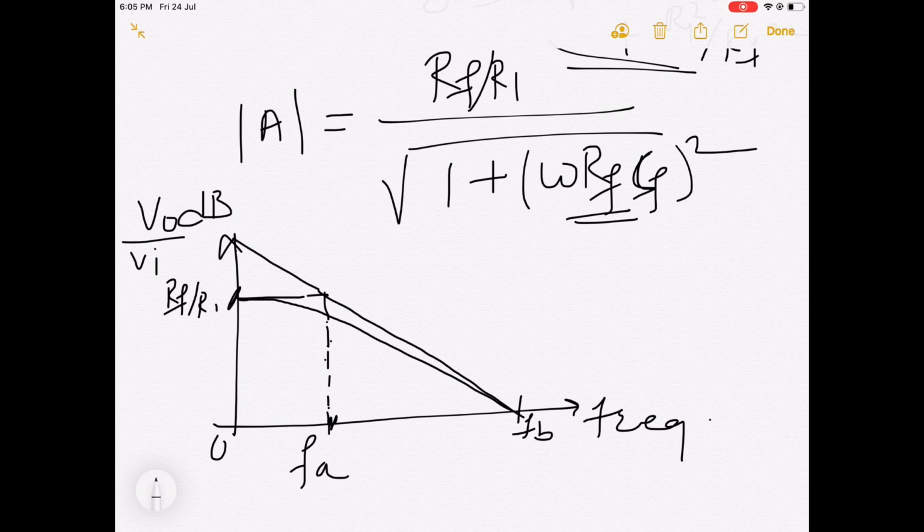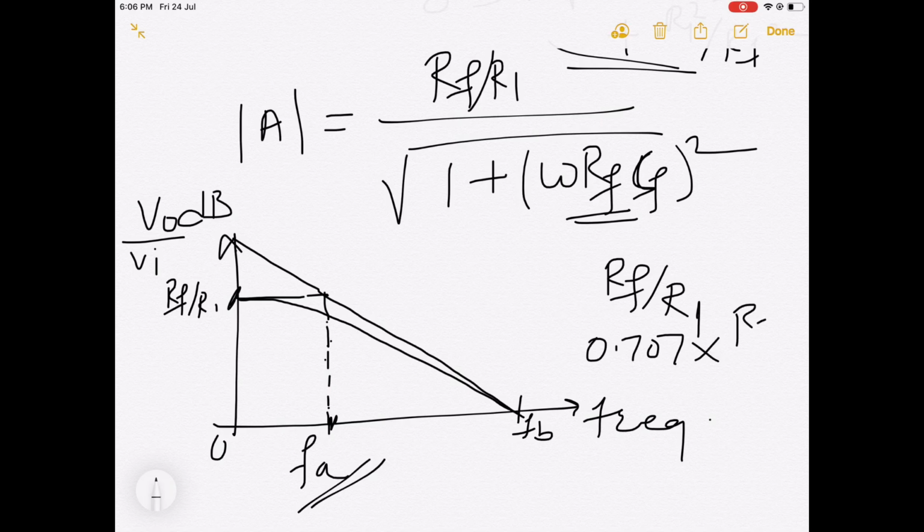So when your RF is large, the lossy integrator will approximately become an ideal integrator. So at low frequencies, the low level frequency to be FA, and the gain is approximately only RF by R1. Okay. At the 3 dB level, the gain is 0.707 into RF by R1.